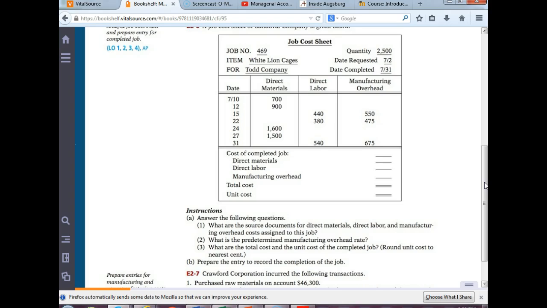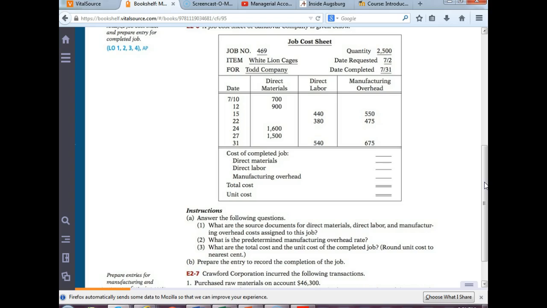For the materials, what do we use? Material requisition slips. For the direct labor, what do we use? Time tickets. For the manufacturing overhead, what do we use?